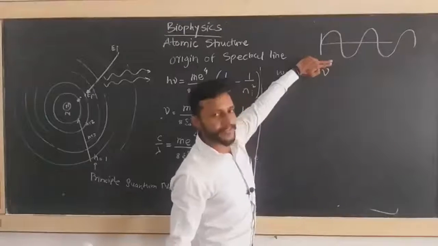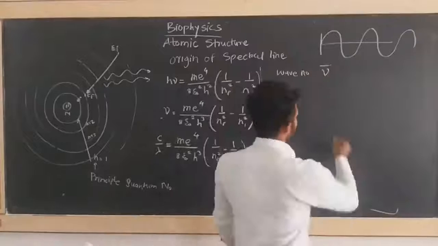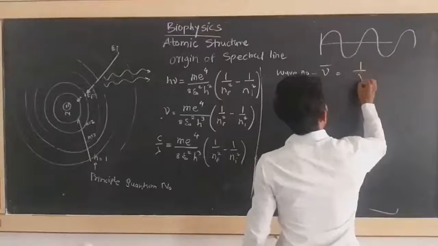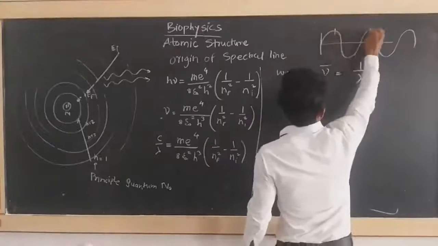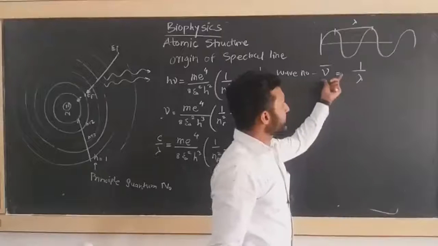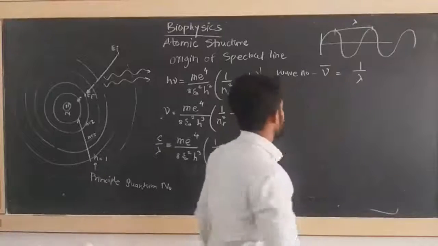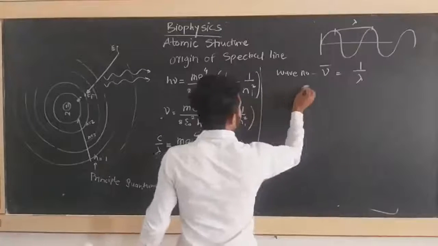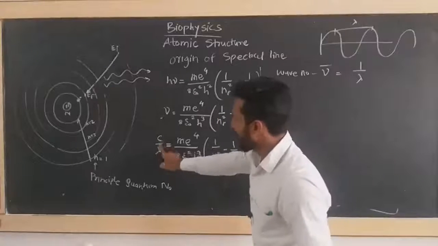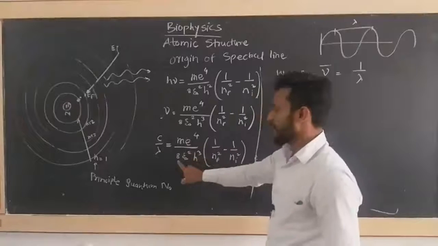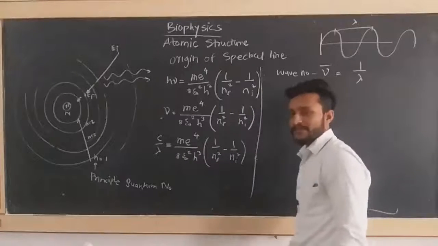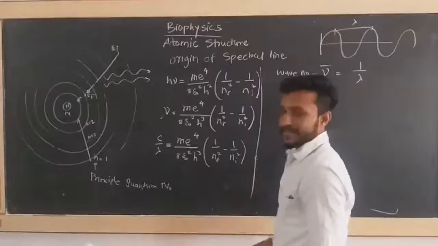Only nu is the frequency and nu bar is denoted as the wave number, which is equal to 1 by lambda. 1 by lambda is nothing but the wave number. So here we can write that c by lambda is equal to m e raised to 4 upon 8 epsilon naught square h cube times 1 upon n final square minus 1 upon n initial square.